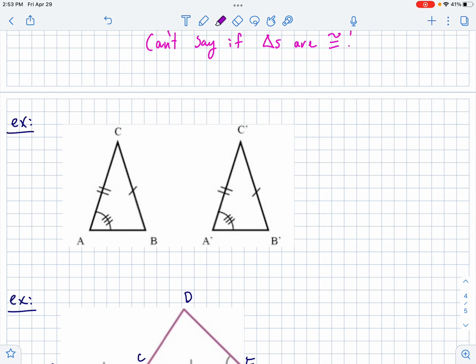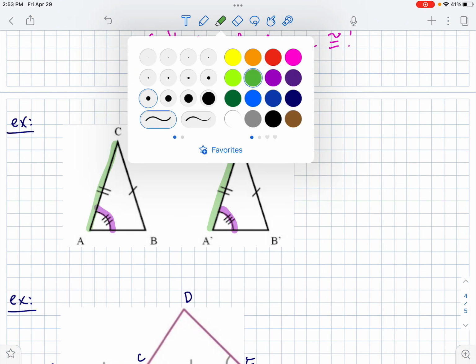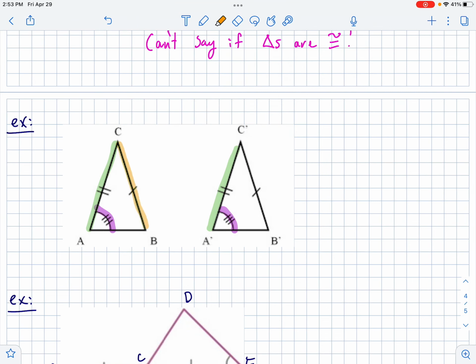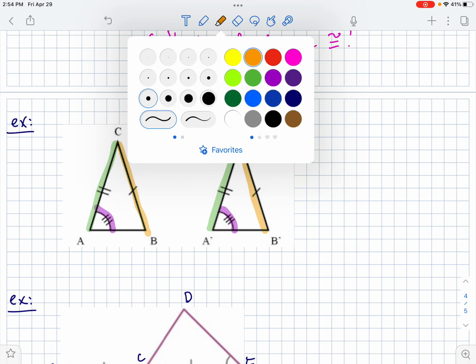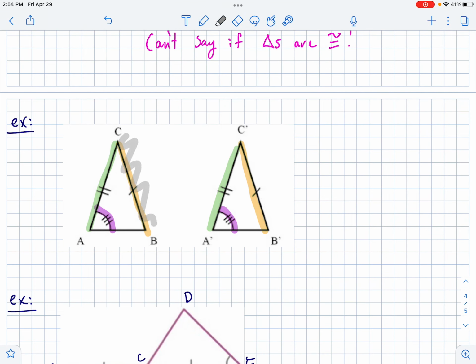Next one, let's see. We have an angle that matches up with an angle, and then a side that matches up with a side, and then another side that matches up like that. The mistake that some kids will make with this is they'll go, well, look at the order. It's a side, angle, side, and it's a side, angle, side. But when you do that, you have skipped over part of the triangle.